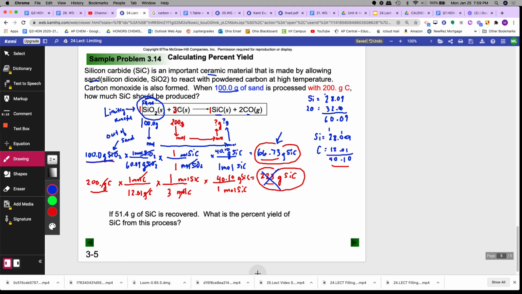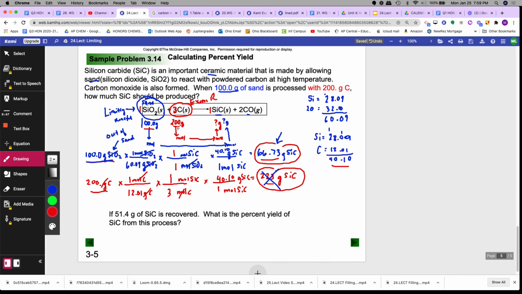So the carbon, the other reactant, would be the excess reactant. So the question's asking, how much SiC should be produced? Your answer is 66.73. Which is the limiting reactant? You will say sand, SiO2. Which is the excess reactant? You will say carbon.